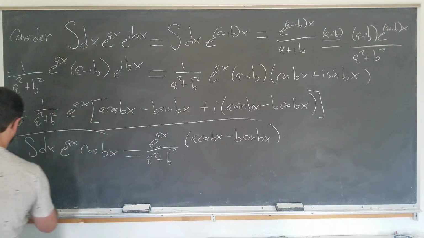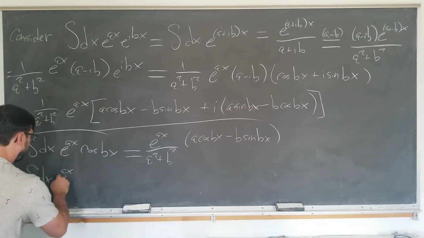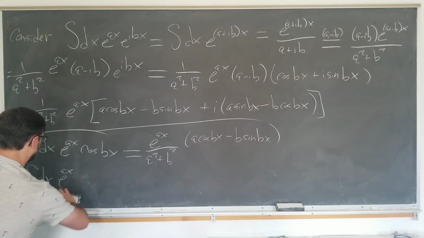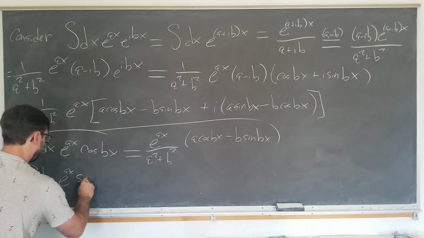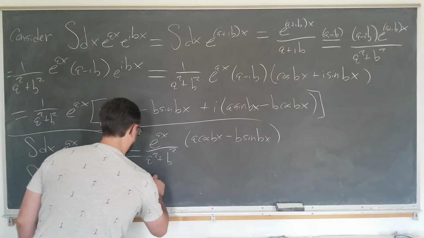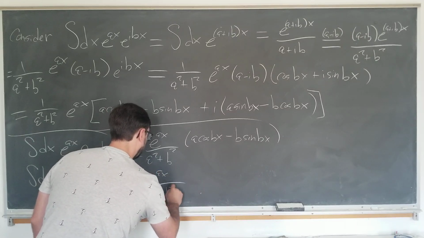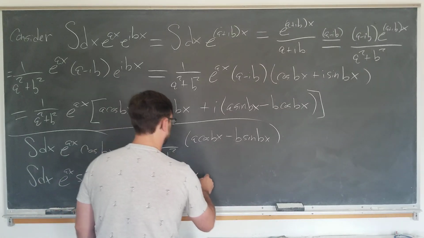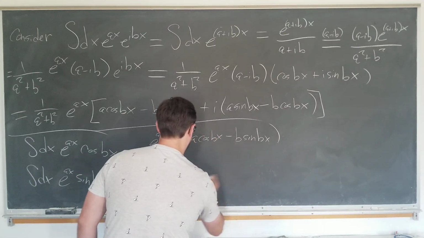And similarly, we have the integral of e to the ax sine bx, simply the imaginary part of what we had up there, which has the same factor up front with a different trigonometric component.